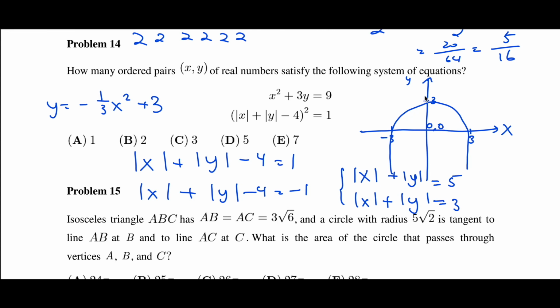Then in the coordinates, this is negative 3 here, and let's say this is 5, this is 5, this is negative 5, this is negative 5.